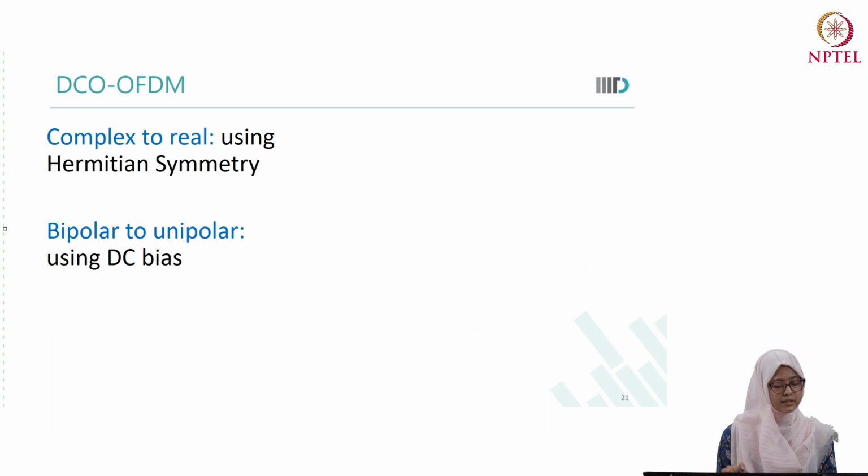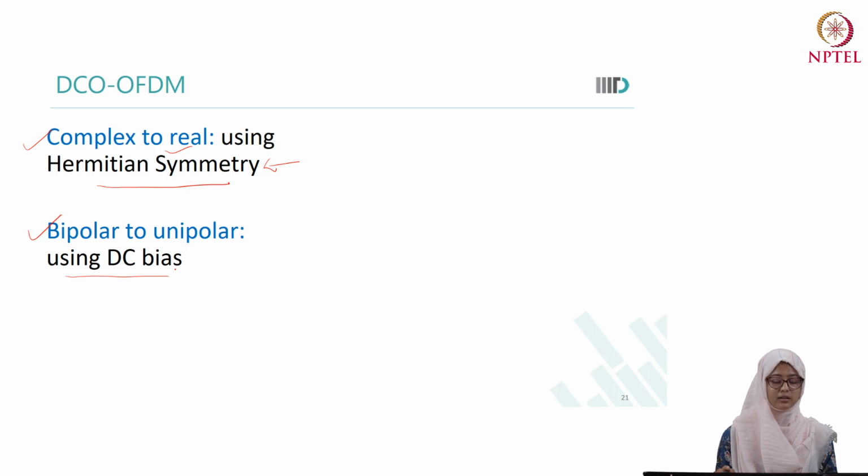More precisely, DFT-based OFDM outputs a complex bipolar signal which can't be directly transmitted over LEDs. In order to make the complex bipolar OFDM signal compatible with intensity modulation, direct detection, we are doing these two things. How can that be done? We need to convert the data we are sending to real using Hermitian symmetry. And then from bipolar to unipolar, we can add DC bias.